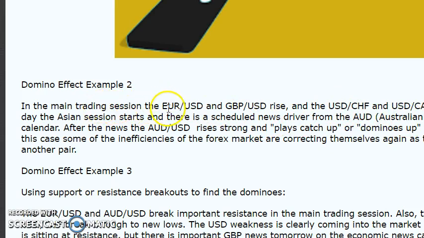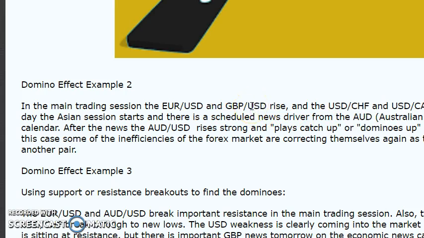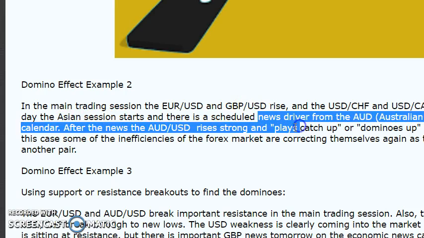So in the main trading session, the Euro USD and Pound USD rise, and the USD Swiss and USD CAD both fall. That means that the US dollar is weak in the main trading session. But later on, in the Asian session, there's a news driver on the Forex news calendar, on the economic calendar, from the Australian dollar.